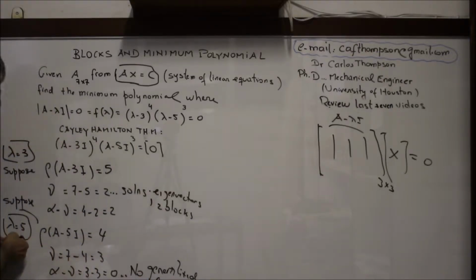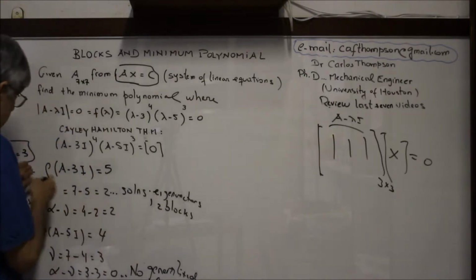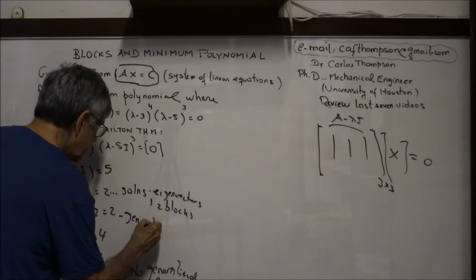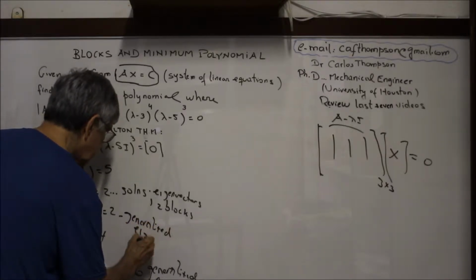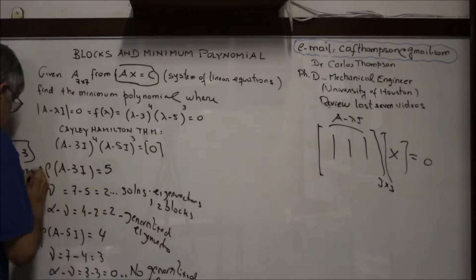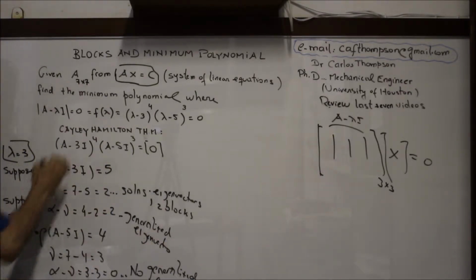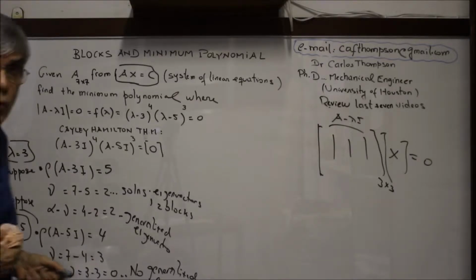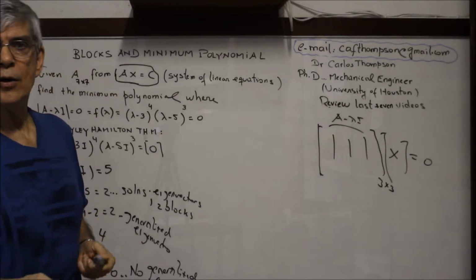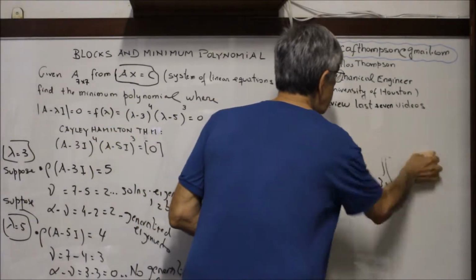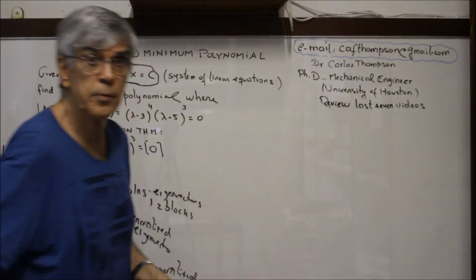For lambda equal to 5. And here I have 2 generalized eigenvectors. Just from here, knowing the dimension, I get all this information, without calculating the columns of the transition matrix P. Now, let's see all the possible J's.